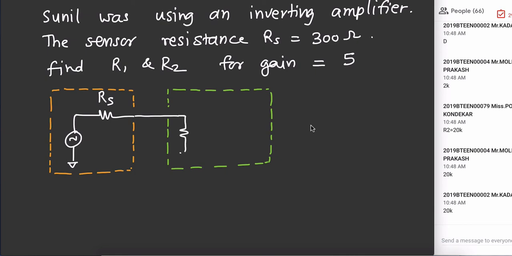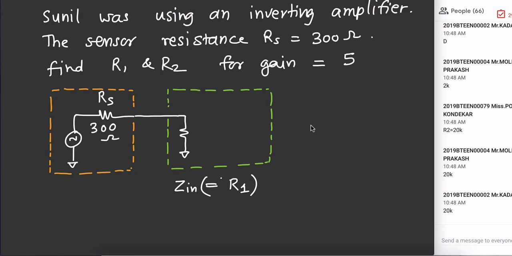And this is the input impedance of the circuit, which we know is equal to R1. Okay, we know, and this is only for the inverting amplifier. Right, now Rs is how much? 300 ohms.